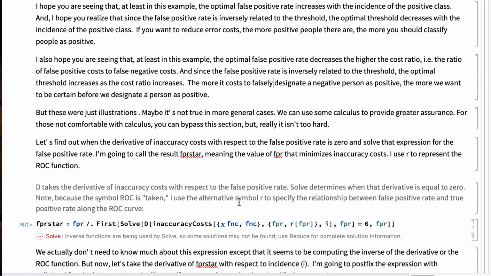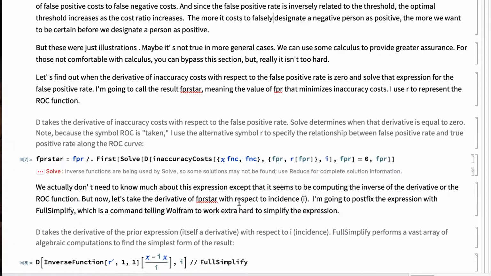All right, so the first thing we're going to do is figure out where the derivative of inaccuracy costs with respect to the false positive rate is 0. And it's a good chance, if our function is nice, that that will be a place that minimizes inaccuracy costs.